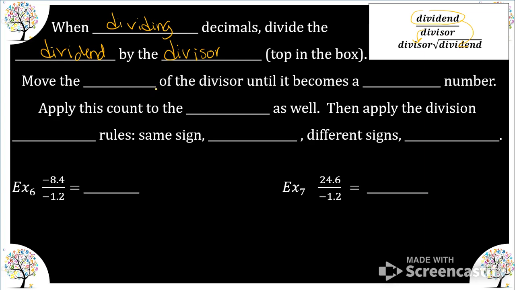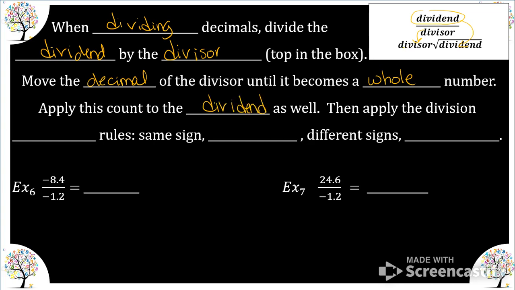Then we're going to move the decimal of the divisor until it becomes a whole number. It may already start out being a whole number, but if not, we have to make the divisor be a whole number and apply this count to the dividend as well.